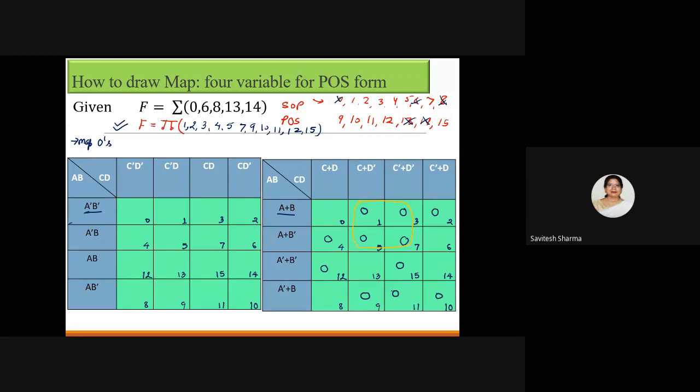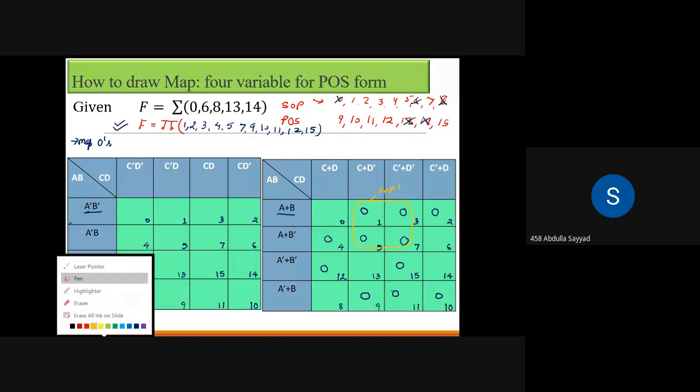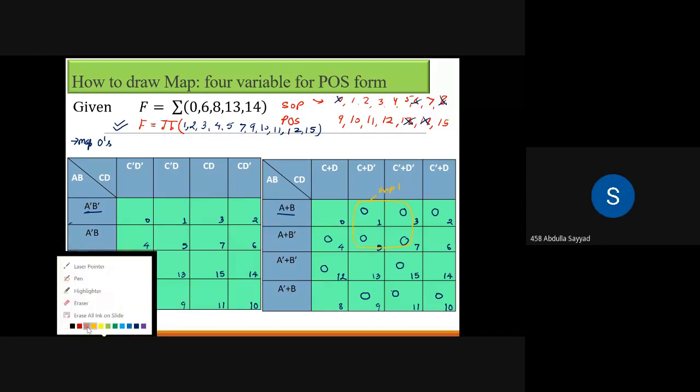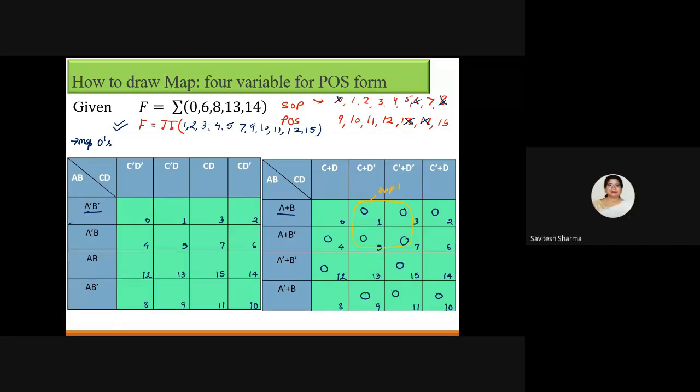Suppose this is my group 1. Again, is any other quad forming? 3, 7, 15, 11. Good, this is now group number 2. Very good. Tell me group number 3.